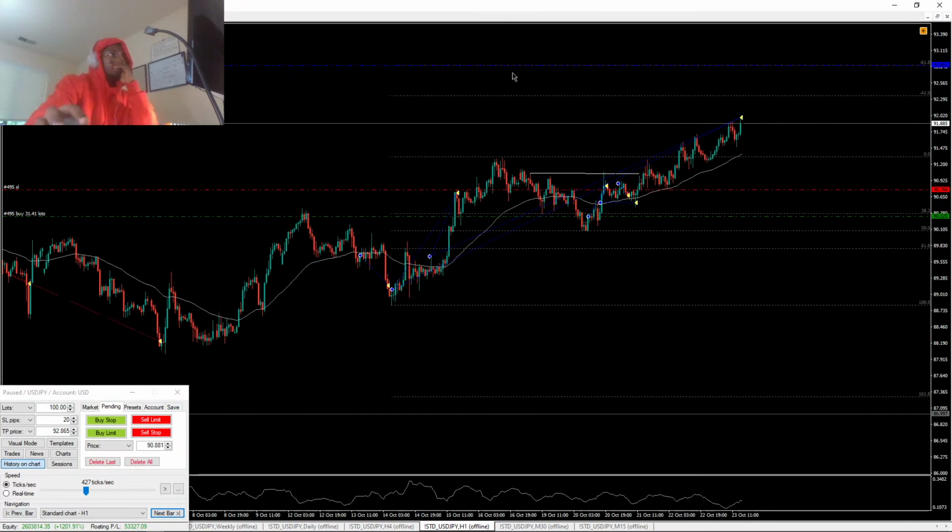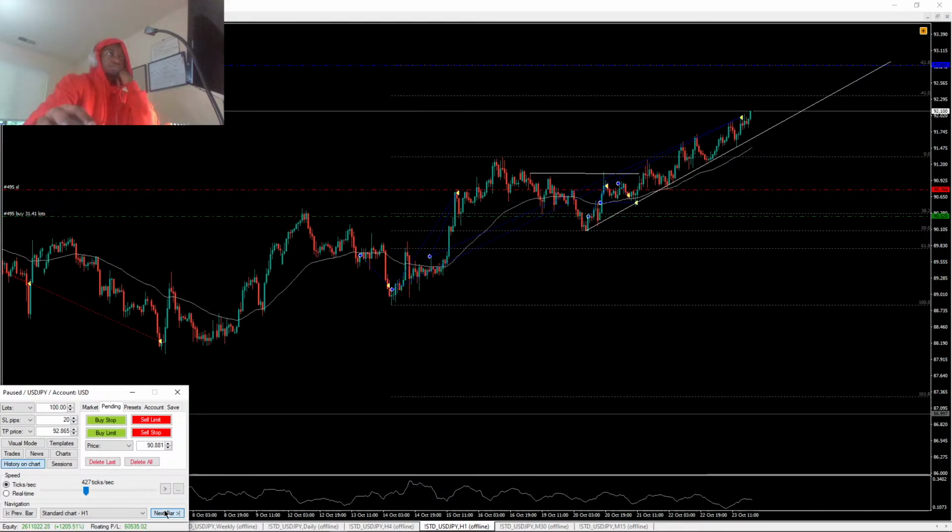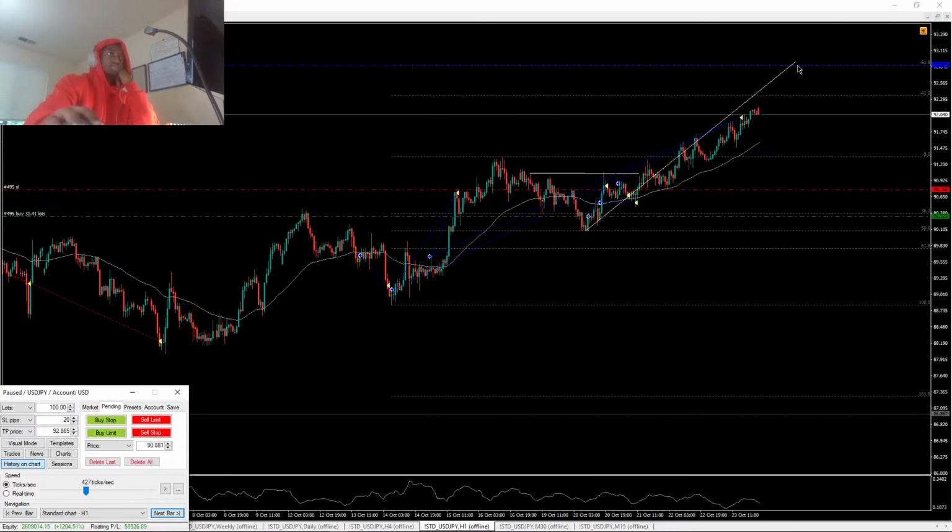Okay, so we're watching the 1 hour. We're managing this position. If this trend line breaks at any time, we're gonna go ahead and close the position. It's a tight one. We have a lot of sustainable movement, so I'm looking for an aggressive break if it does happen. Nice.